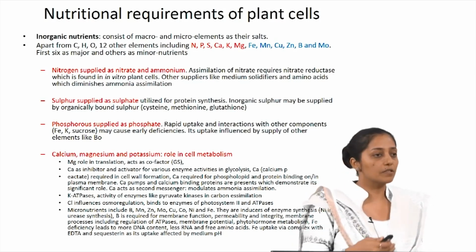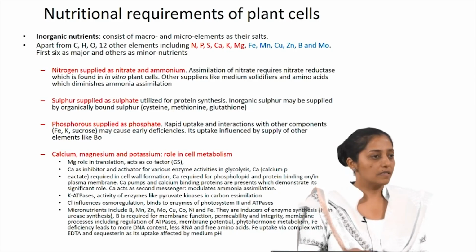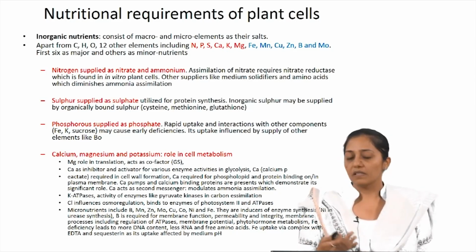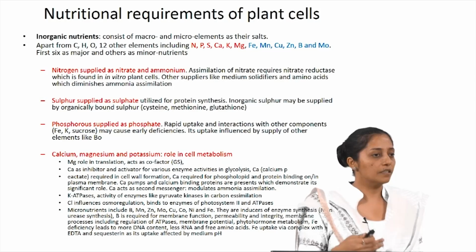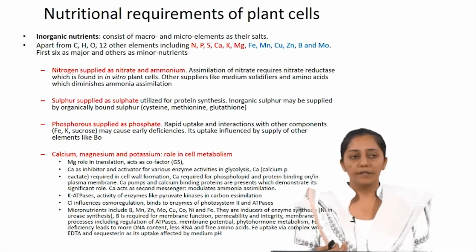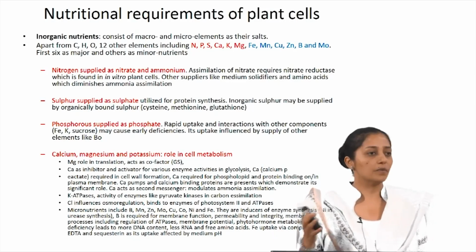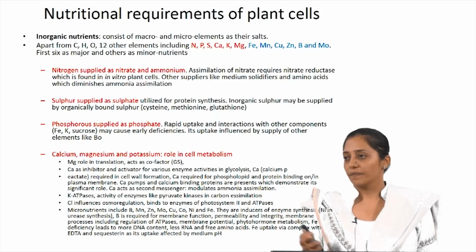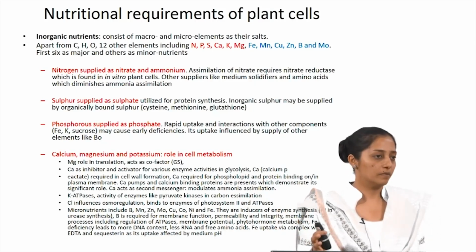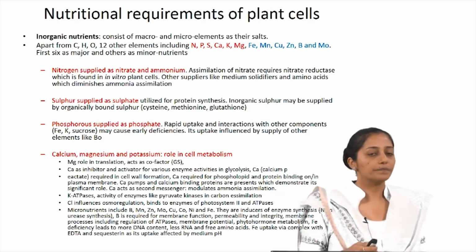So, inorganic salts of nitrates are assimilated by the plant, moved in the xylem, and come to the plant either in the root or in the shoot itself. It is then converted into nitrite, and from nitrite into ammonium, and assimilated in the form of amino acids and other nitrogen compounds.